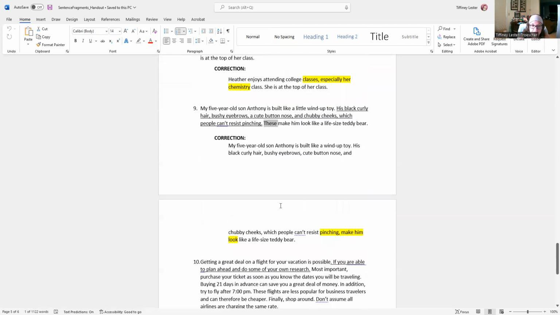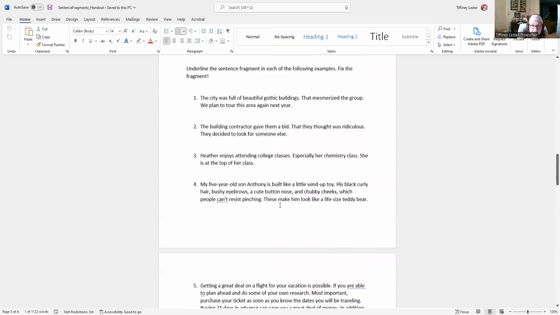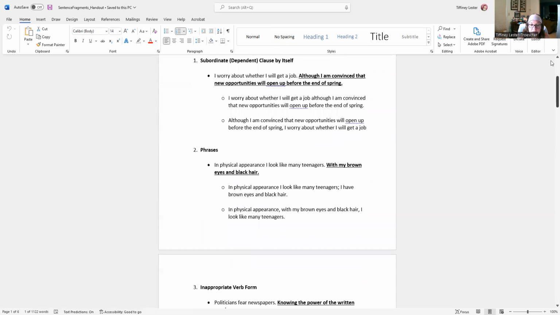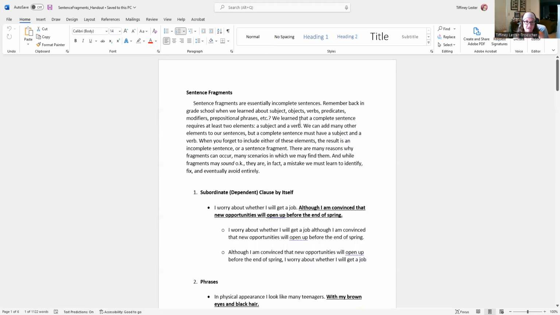Here's a couple more examples that you can look at with the answers provided for you. But that is the sentence fragments. Just be mindful of what they are, how we can often wind up with sentence fragments, and then think about the best, most logical way to fix that error.